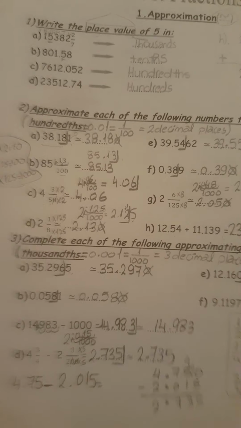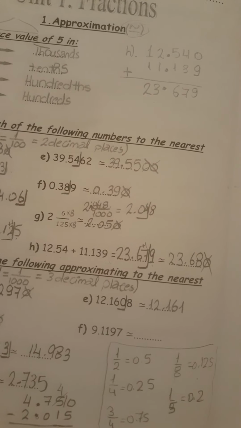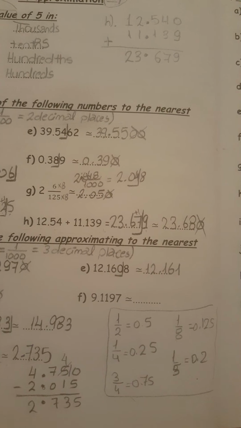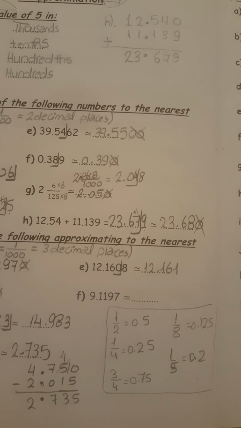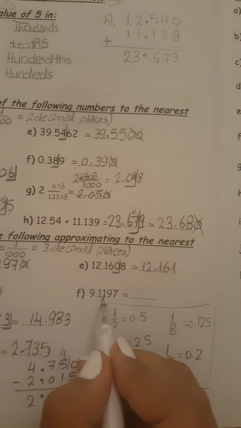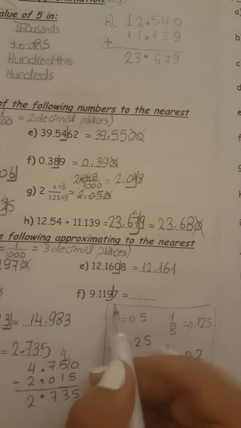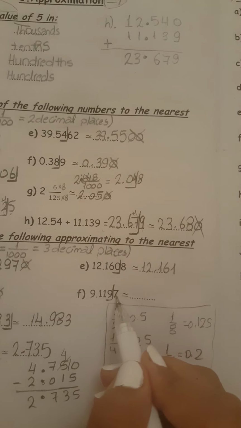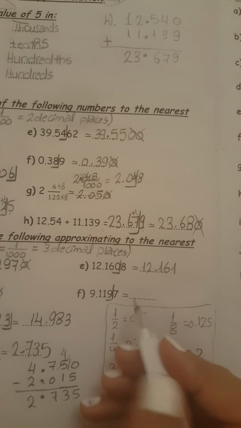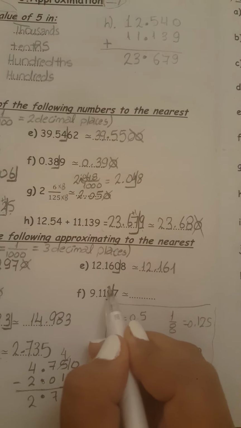Okay, F. Approximate to the nearest thousandths. Tens, hundredths, thousandths. Here, the 7 is strong or weak? Strong, so it will give the 9 a push. When the 9 takes a push, I will make it plus 1.